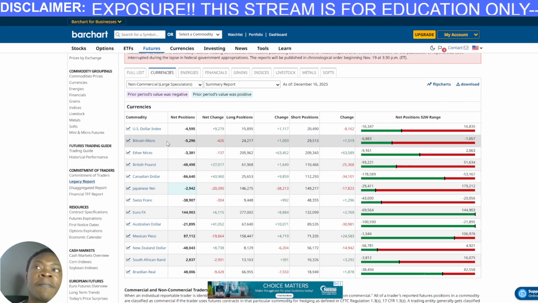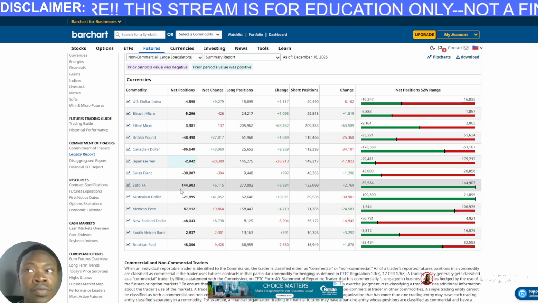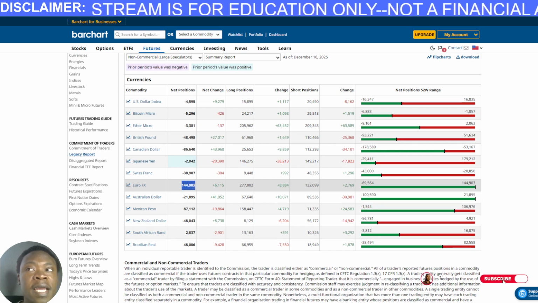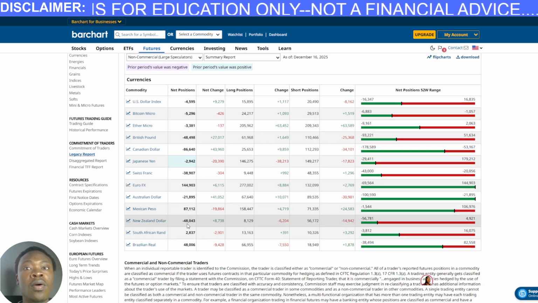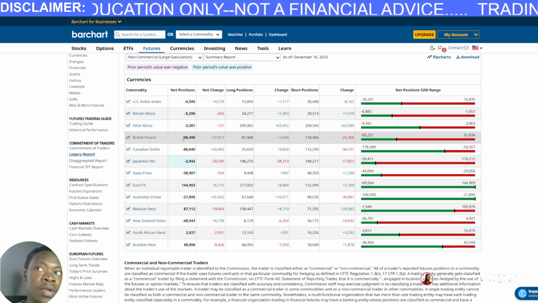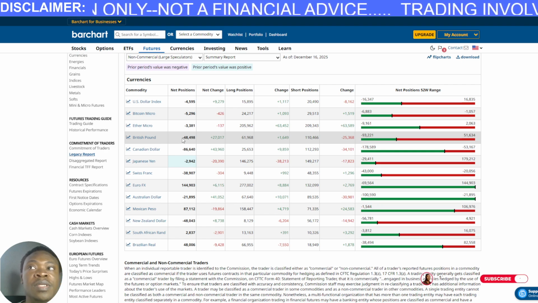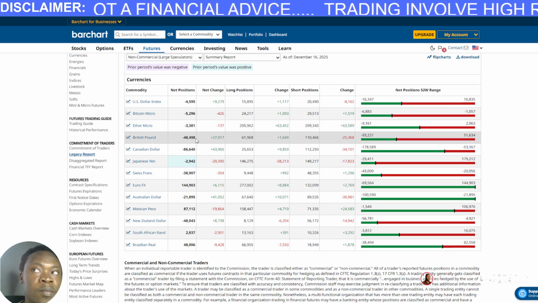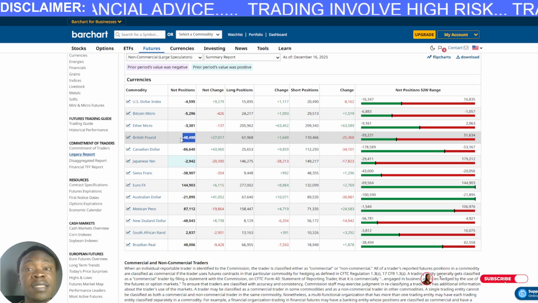Now we could see here that on the institutional side, the net position on the euro is 144,900. When we go through the net positions of the other currencies, the British pound, GBP, the net position is negative 48,498.